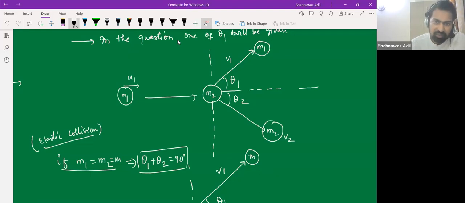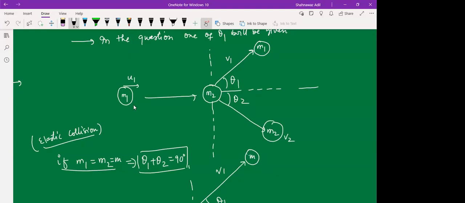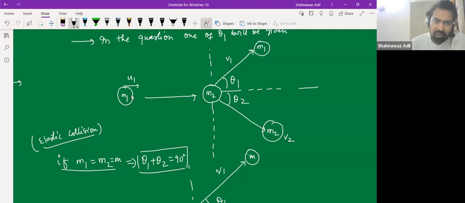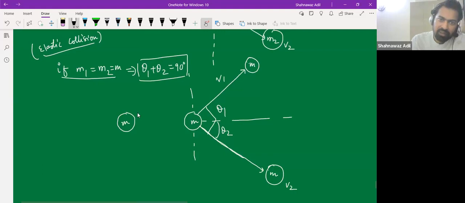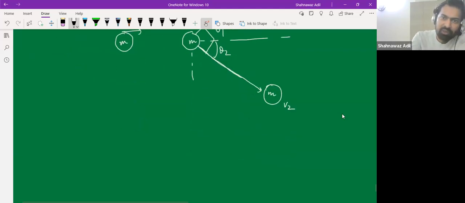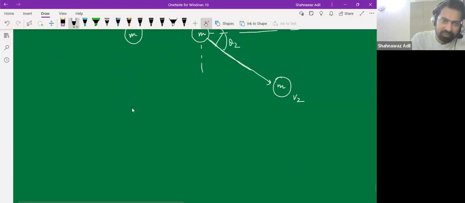In the previous cases, the masses were different. But if the masses are the same, then we have to show that theta 1 plus theta 2 is 90. So how can we show that? Let us use the first equation. The first equation is conservation of momentum.